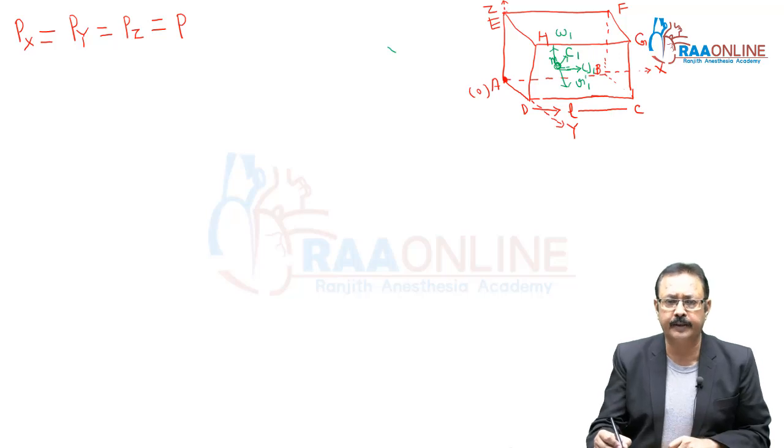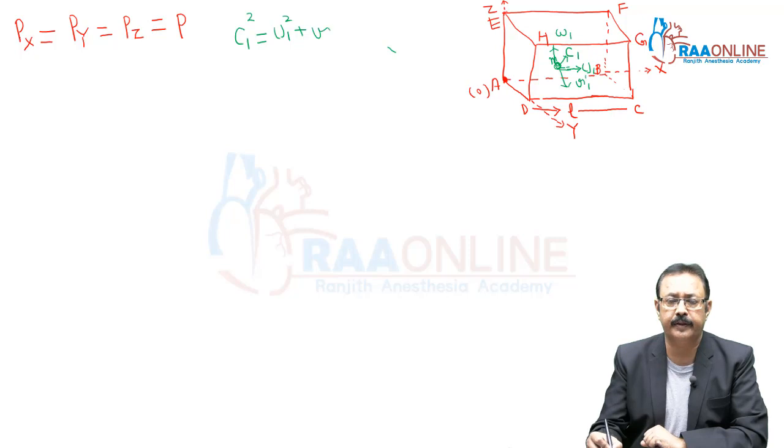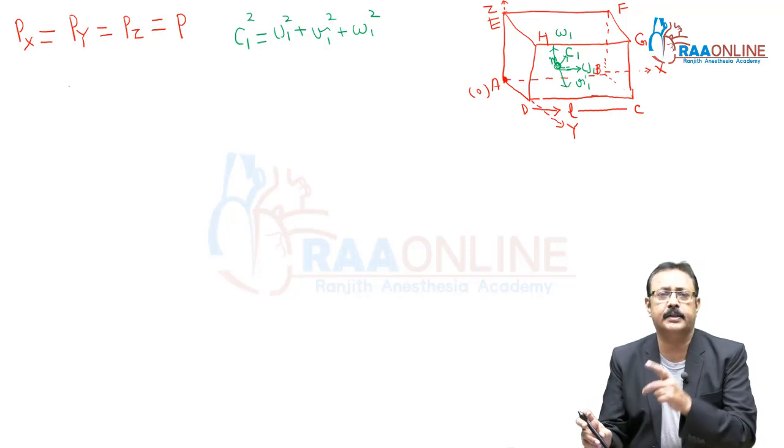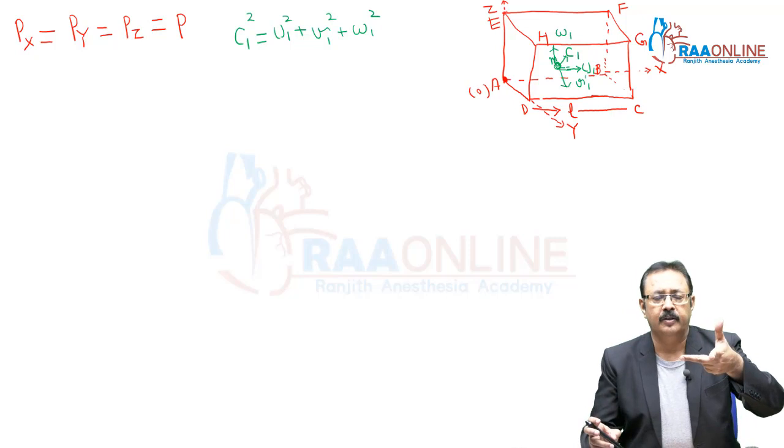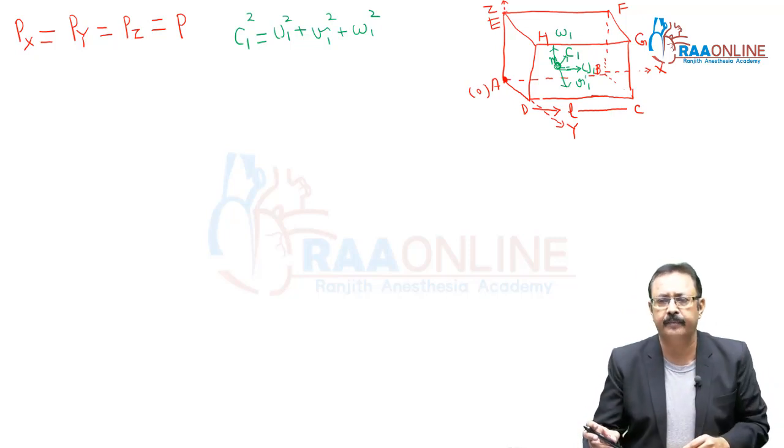By the law of vectors we know that c1 square is equal to u1 square plus v1 square plus w1 square. Since these 3 components are mutually perpendicular, the resultant should be the root of the sum of squares of these 3.